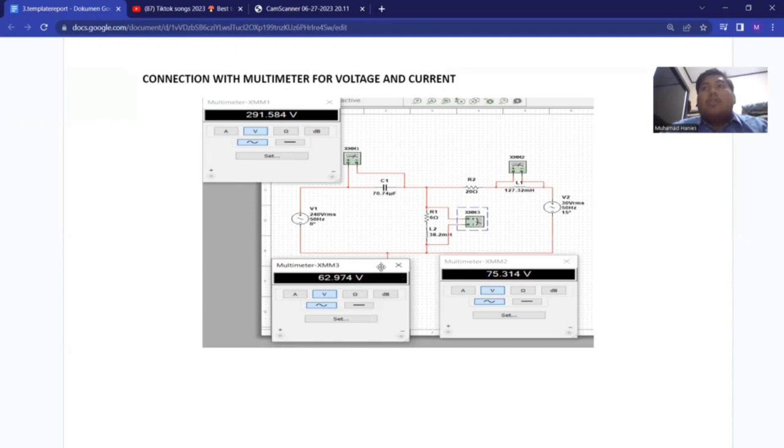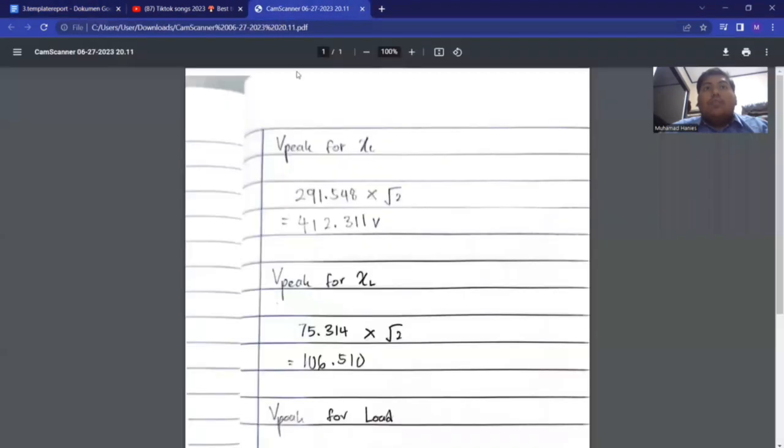Okay, for the manual calculation, the formula to find a V peak is VRMS multiplied with square root 2, and we will find the voltage. For XC, impedance of capacitor, we will get 412.311 voltage.